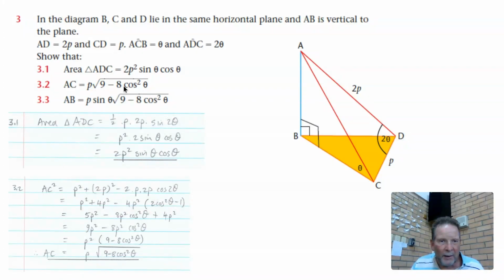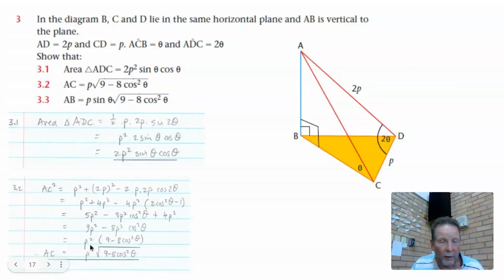And then because everything's in cos squared in our answer, let's change this cos 2 theta to 2 cos squared theta minus 1. And what do we get? 4p squared times 2 cos squared, that's 8p squared cos squared. And then we get minus times a minus, that's plus 4p squared. That's 9p squared.